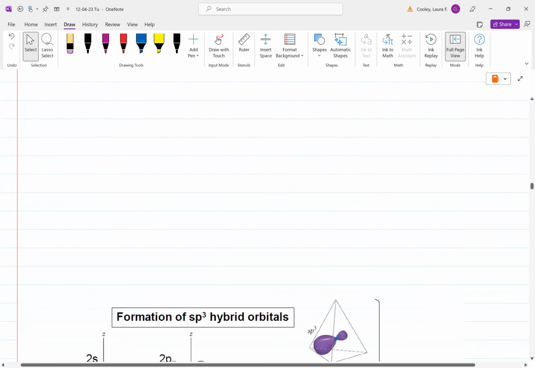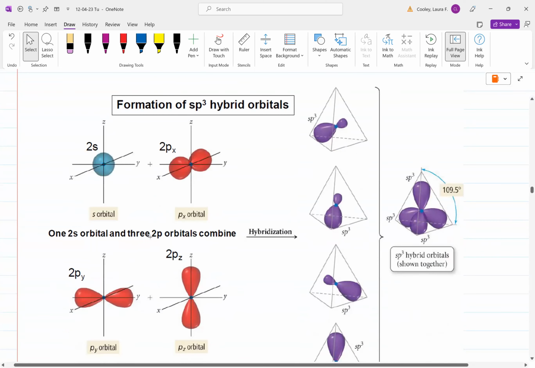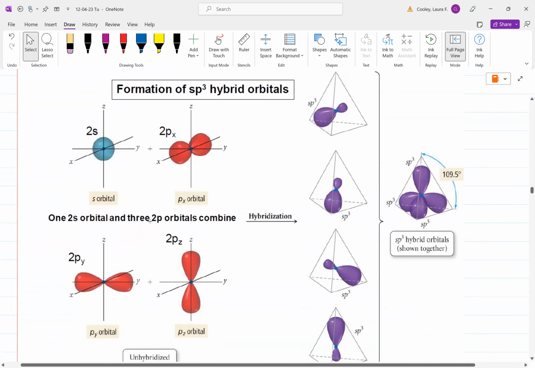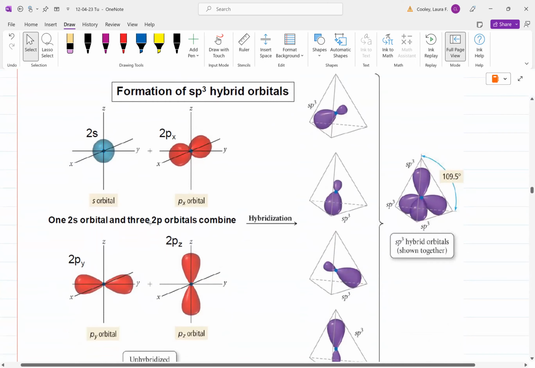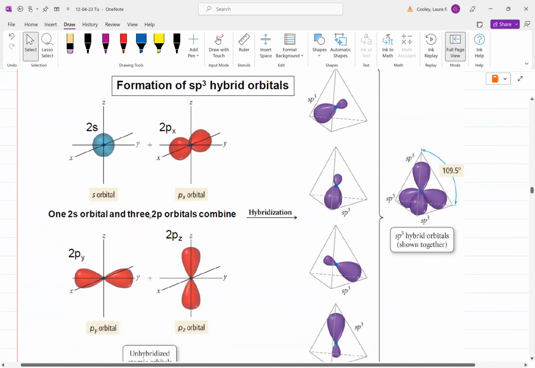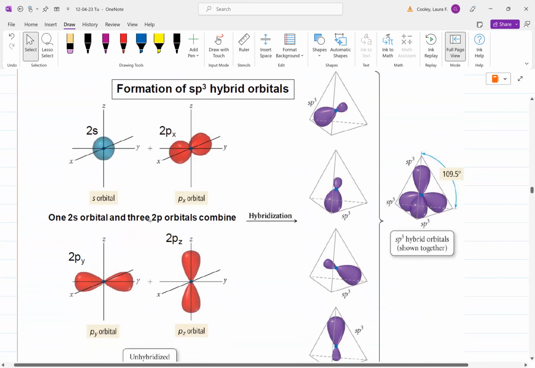So here I gave you this. You don't have the color version though, I'm sorry to say. But here we have 1 2s and 3 2p's, the 3 red orbitals. You combine them together and you get these sp3 hybrids.